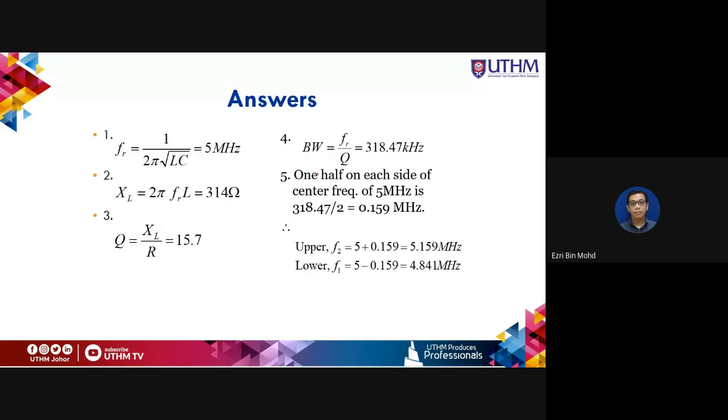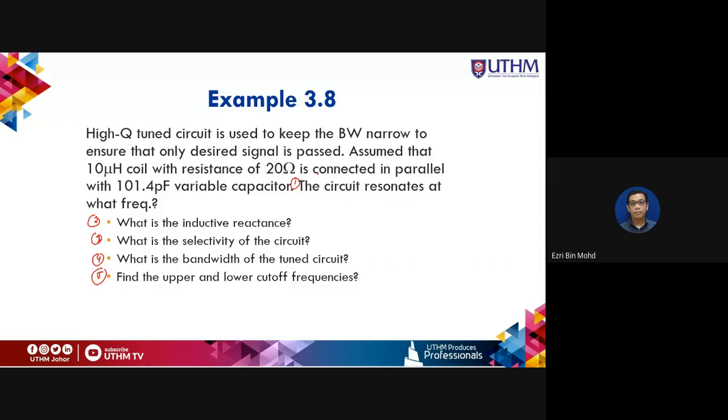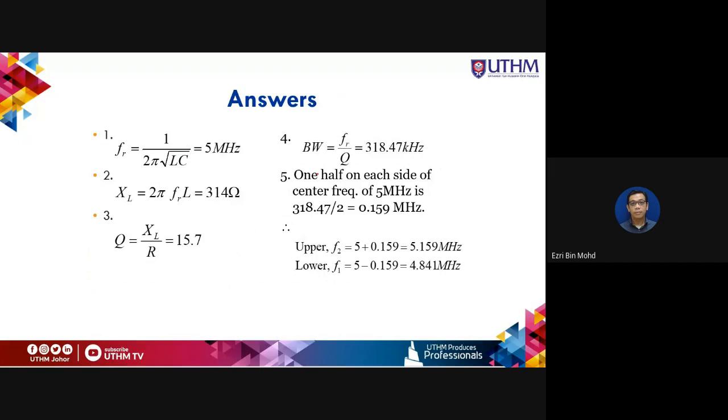That is 1 over 2 pi root LC. We know L is equal to 10 microhenry and C equal to 101.4 picofarad. So 1 over 2 pi root LC gives a resonant frequency equal to 5 megahertz.